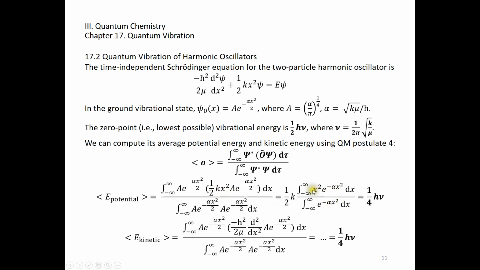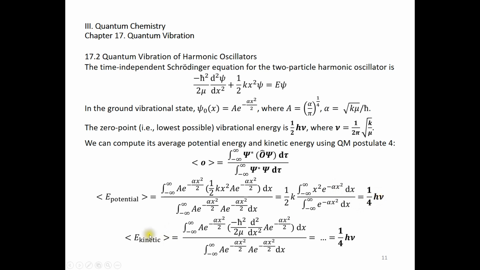On top you have x squared here multiplied by the Gaussian function. On the bottom you just have this Gaussian function. So after you do this, you get something in terms of alpha, and then you combine half k with alpha. You will end up with a quarter h nu. And again, alpha is defined to be the square root of k mu over h bar.